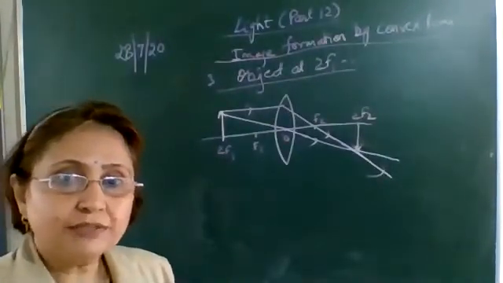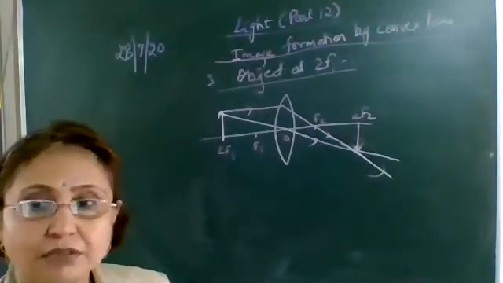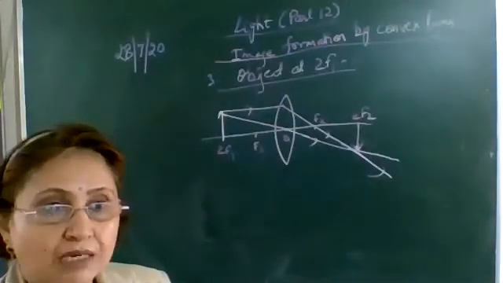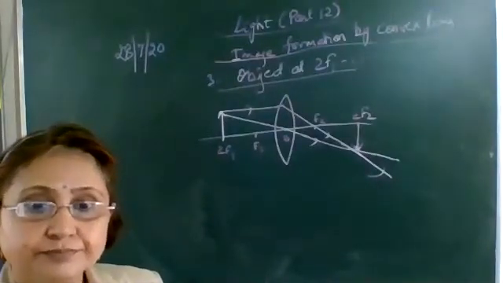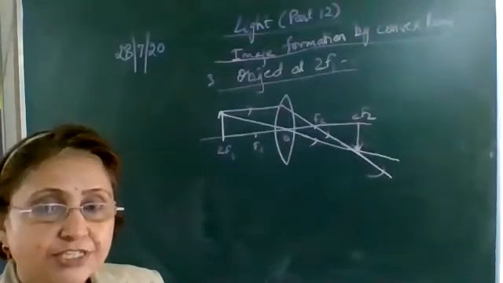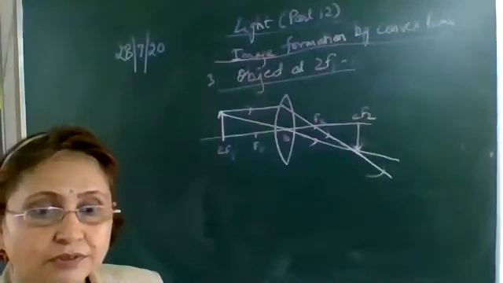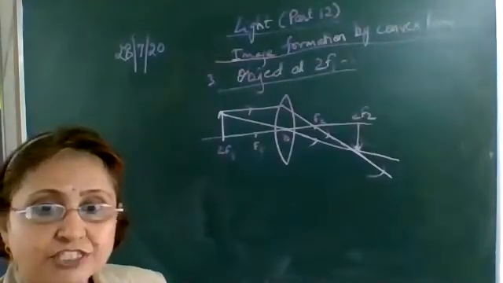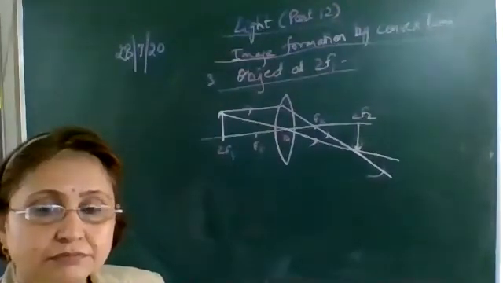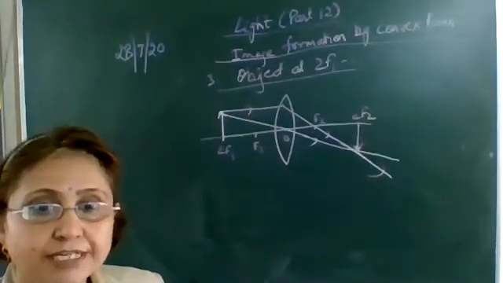Object at 2f1, third position. Draw the convex lens. Mark optical center. Draw the principal axis. Now place the object at 2f1.